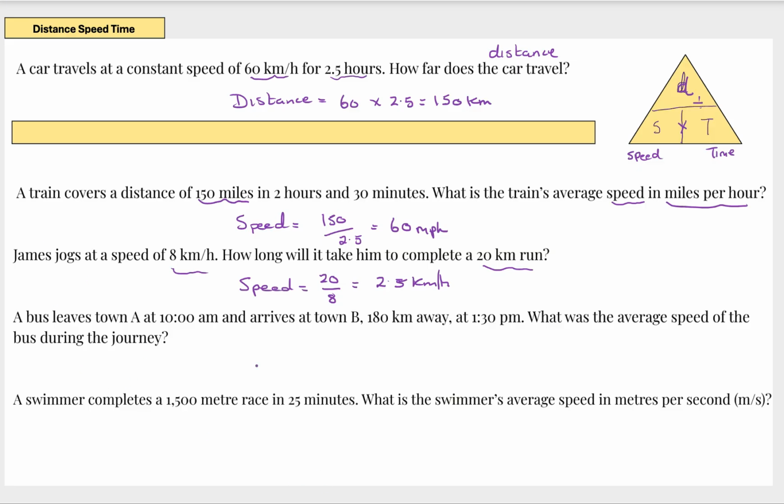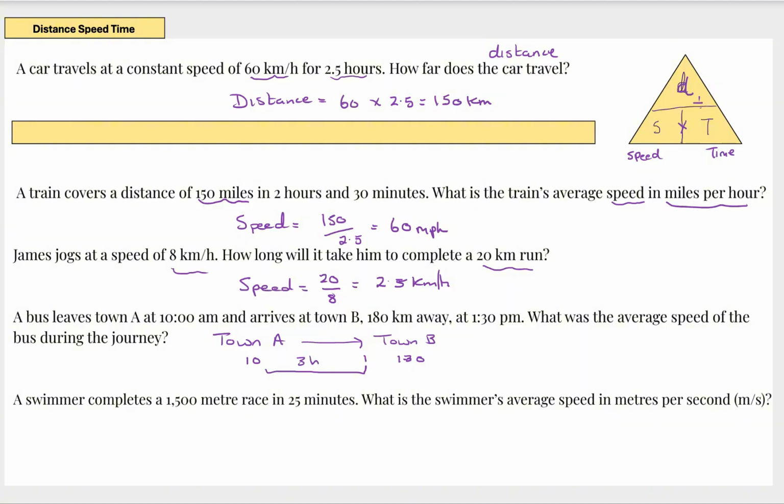What I want you to do first is sort out the gap. So we left town A, we started at 10, and we arrived in town B at 1:30. So the gap between here, so 10 to 1 is 10, 11, 12.